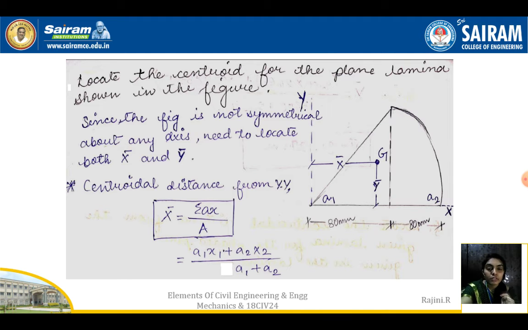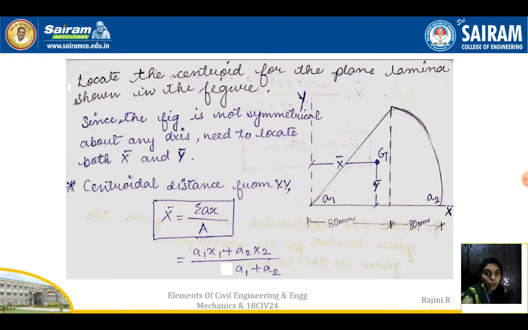The given figure, if you fold it about the y-axis like this, it is not symmetrical, and if you fold the same figure about the x-axis like this, it is also not symmetrical. Just take a paper, draw that figure and fold your paper, then you will get to know. Both axes are not symmetrical, so we have to find both x bar and y bar in this problem.